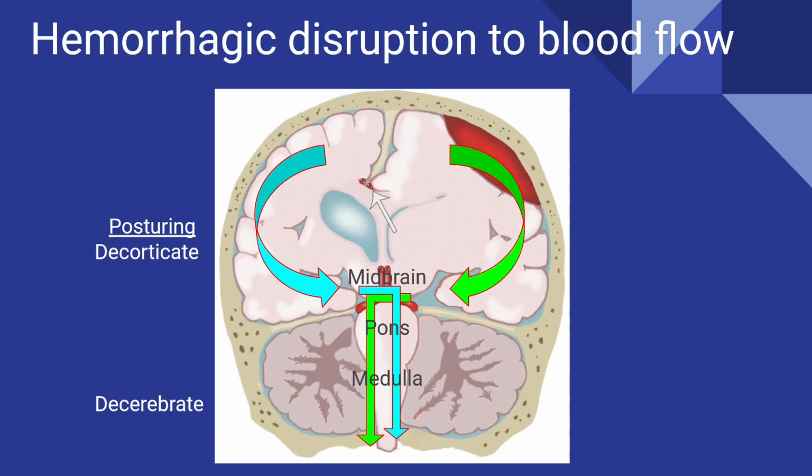It might not be as obvious as the pictures that depict decorticate posturing look like, so you might want to keep an idea of how bad their posturing is. If it's just slight, it might still indicate brain swelling. Then as you get pushed further down into the medulla from the swelling, you start to see decerebrate posturing. That's when your arms extend out.